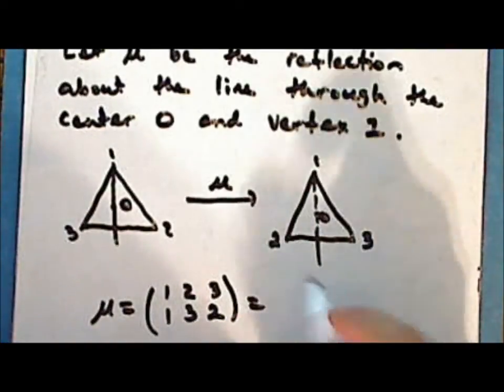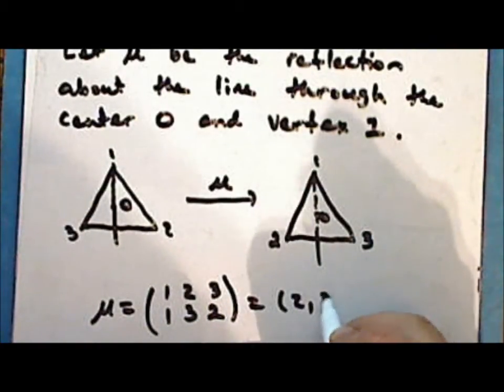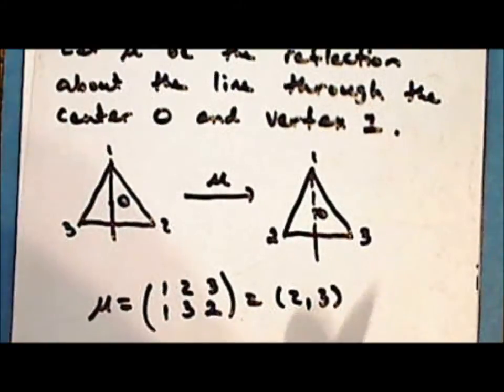And so this is in cyclic notation, the cycle 2 to 3 to 2, fixing the vertex 1.